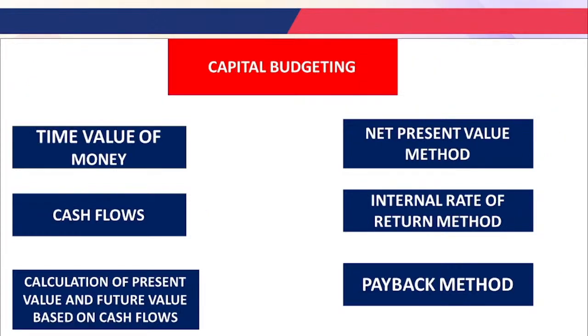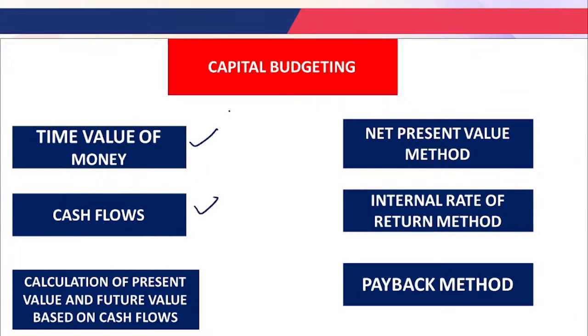Now, the next chapter is most important, and you will find this chapter has so many pages in the Macmillan book for capital budgeting, but you do not need to worry. You do not need to read so much. The only thing you have to understand is what is time value of money, and what we understand by cash flows.